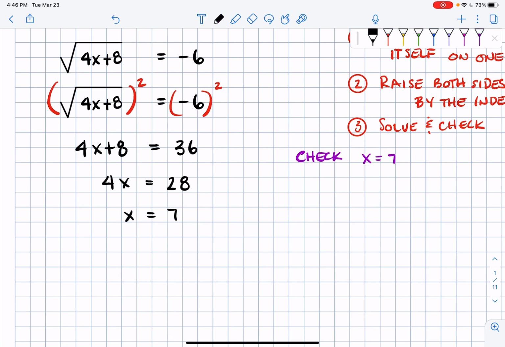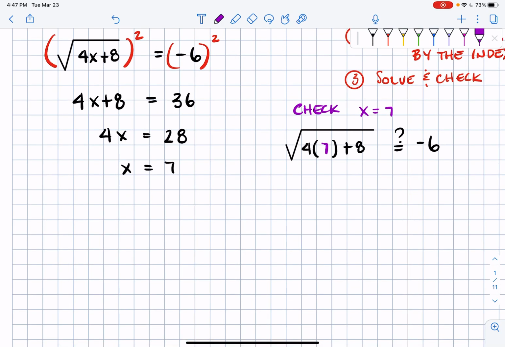So I have the square root of 4 times 7 plus 8, and see if that equals negative 6. What am I going to get on the left side?